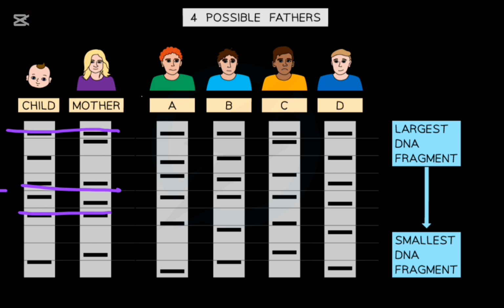So let's compare with that of the men. If we move in a straight line like this, you see already this one matches. B and C match the second bar of the child, and then we move on to the fourth bar of the child.